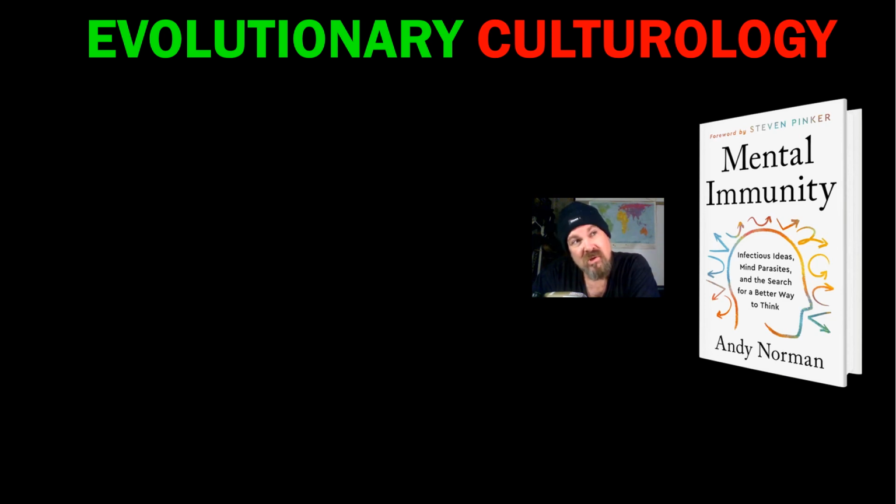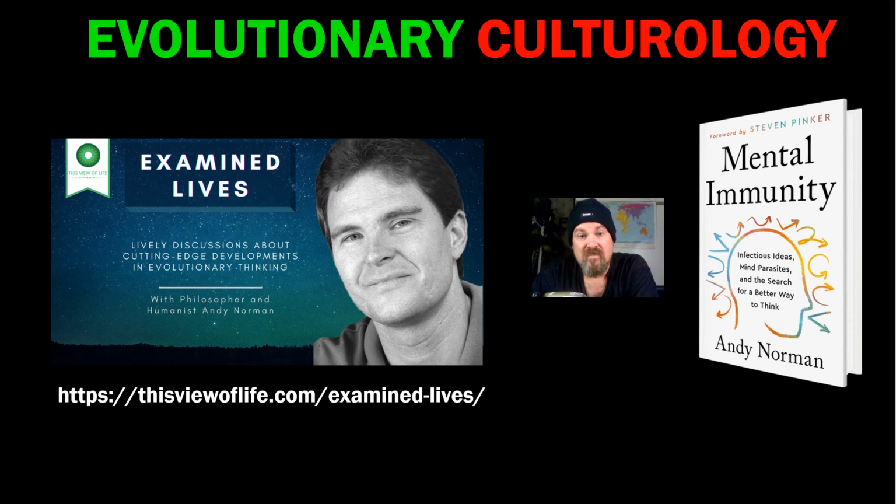So certain ideas, processes and products or words can be seen as cancerous or even immoral, or at best they don't have a lot of value. Anyway, highly recommend Andy Norman's Examined Lives webinars on This View of Life for more on all that great stuff.